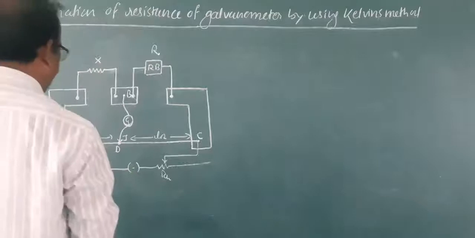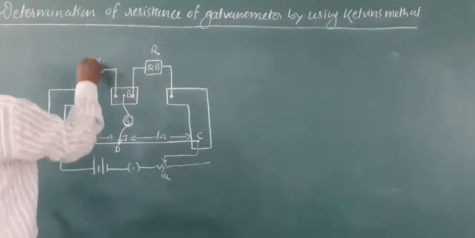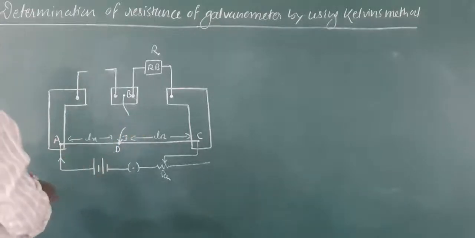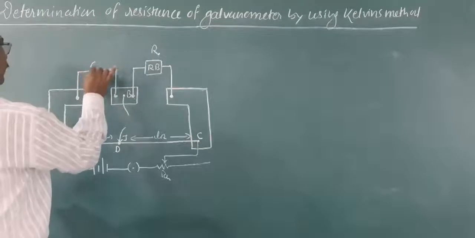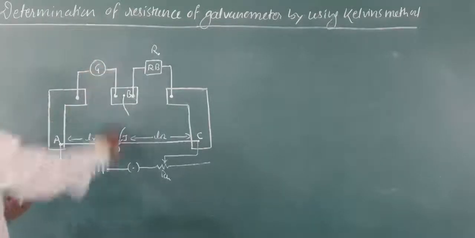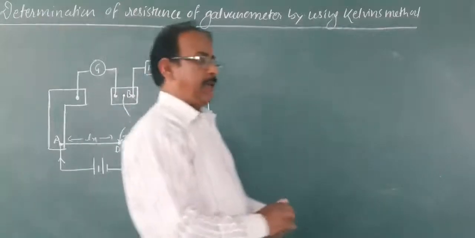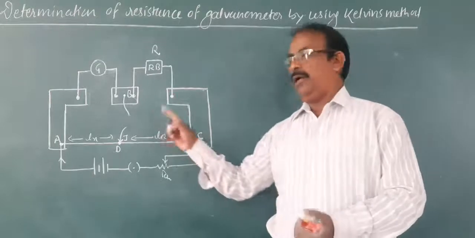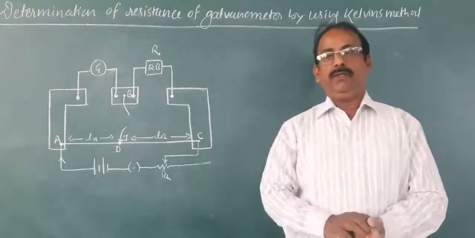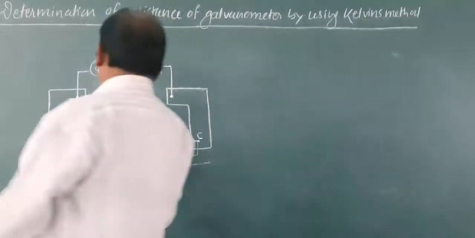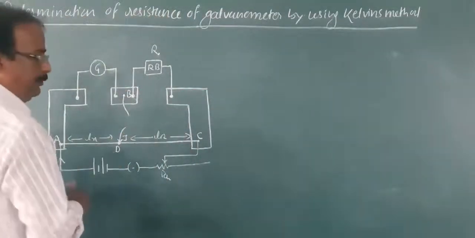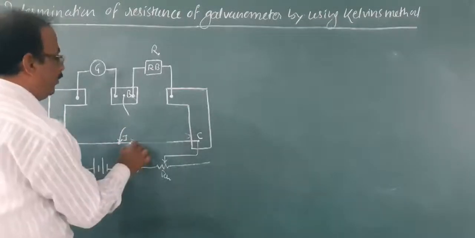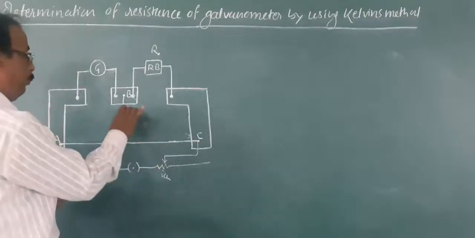In this experiment, in place of the unknown resistance, we have to connect this galvanometer whose resistance is to be determined. Connect the galvanometer in the left gap of the meter bridge. And in between terminal B and jockey J, just connect only a wire.